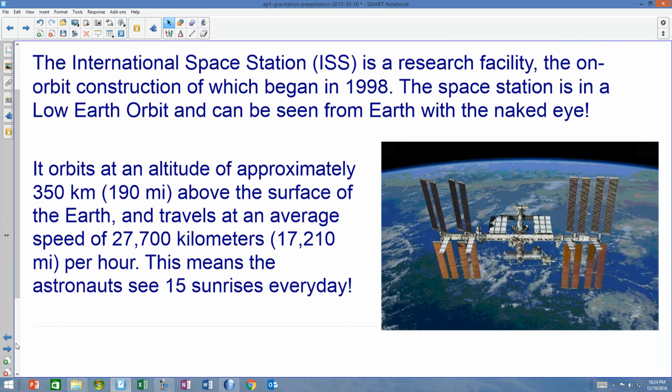Its orbit is at an altitude of approximately 350 kilometers above the surface of the Earth. It travels at an average speed of 27,700 kilometers per hour. This means that the astronauts see 15 sunrises every day. So it goes pretty fast.